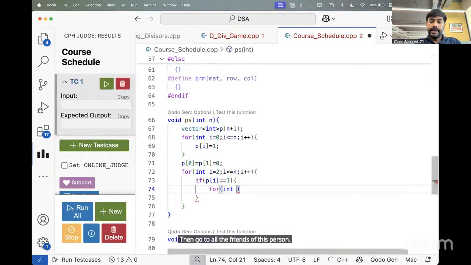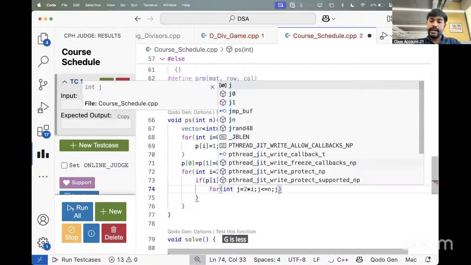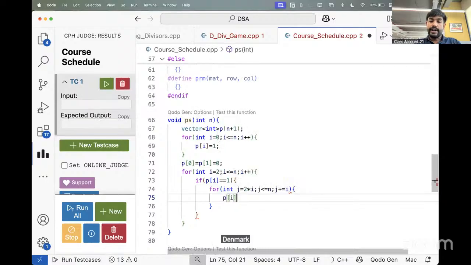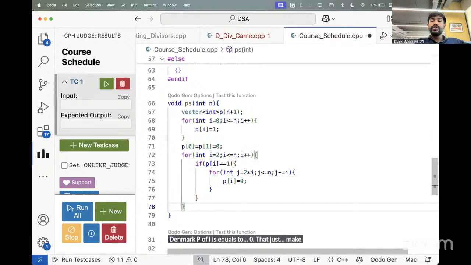For int j equals 2 multiplied by i, j less than or equal to n, and j plus equals i, mark p of j equals 0. That just makes them go to all the other sections.